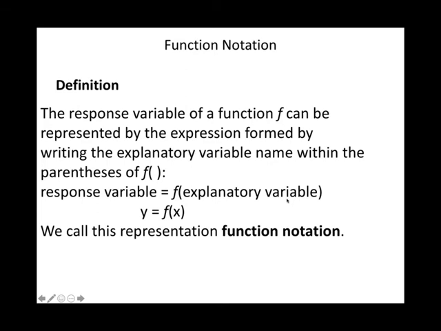So remember we call x the explanatory variable, y the response variable. The number you plug in for the function is going to be your values of x. After you plug it in, you find the response variable, which is your y here. And again, we call this function notation.